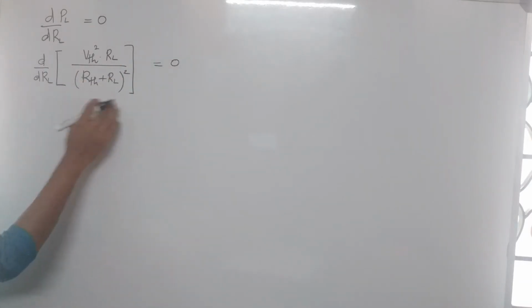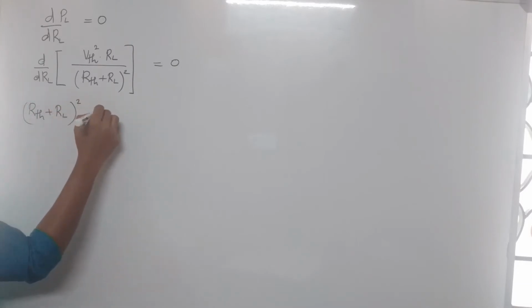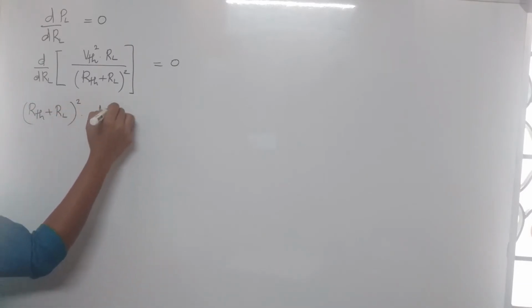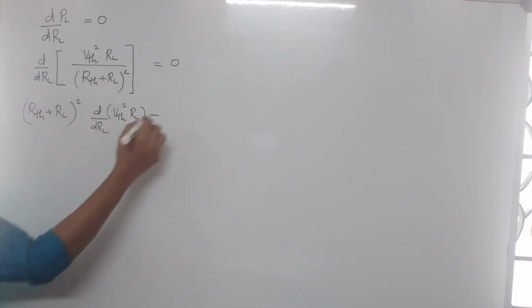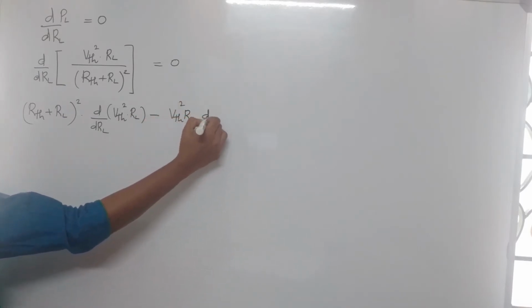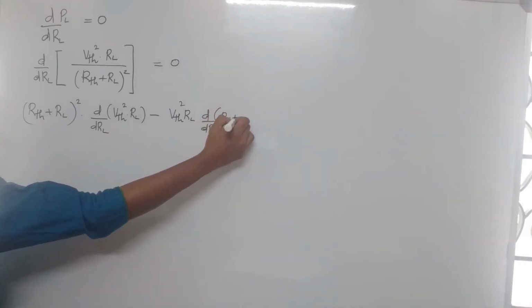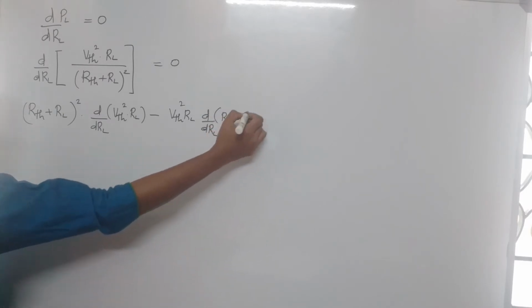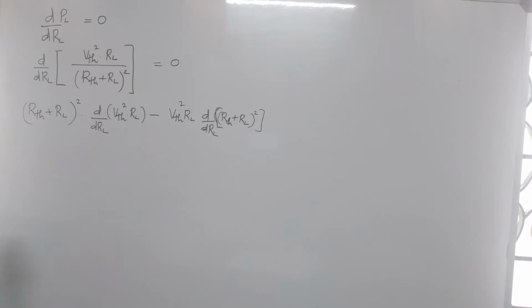Now we will perform this differentiation. Denominator into derivative of numerator, d by dRL of VTH squared into RL, minus numerator into derivative of denominator, (RTH plus RL) the whole square.